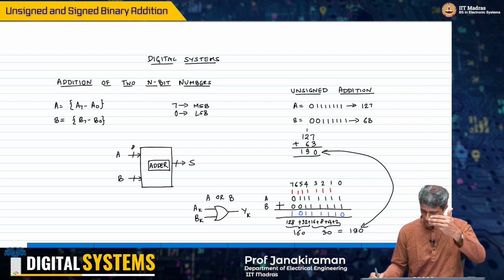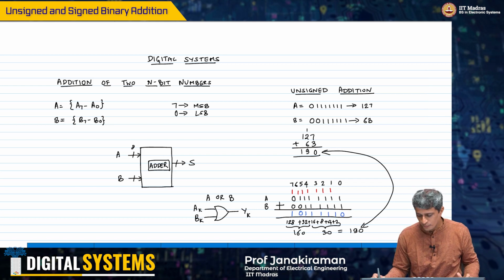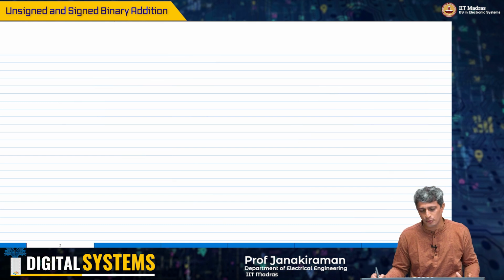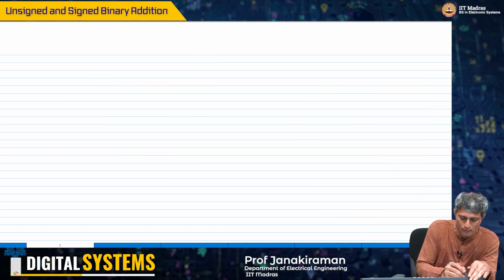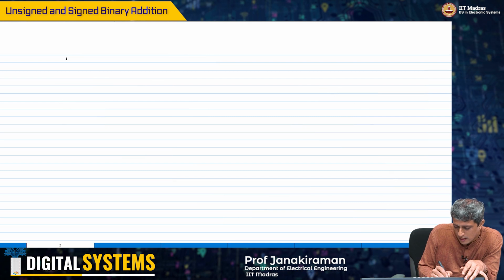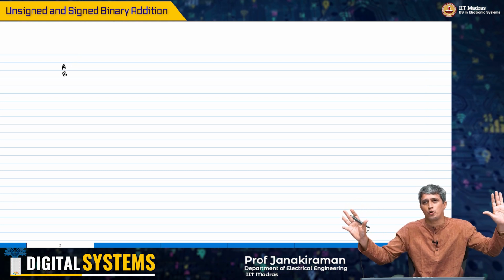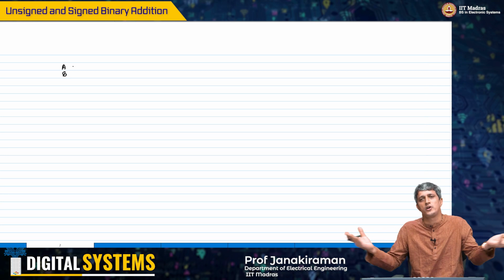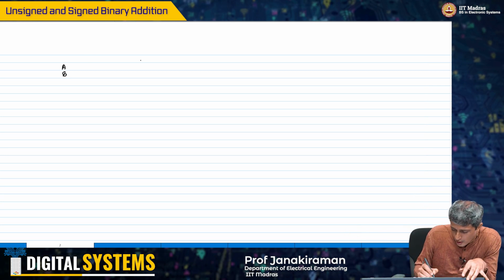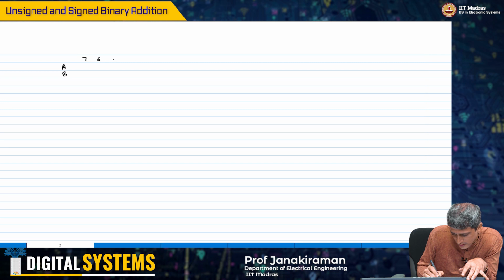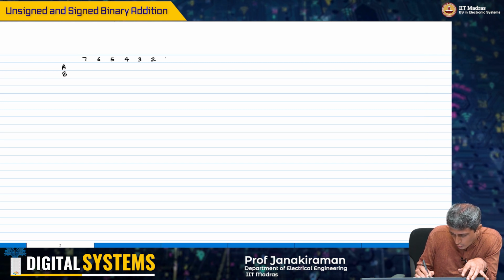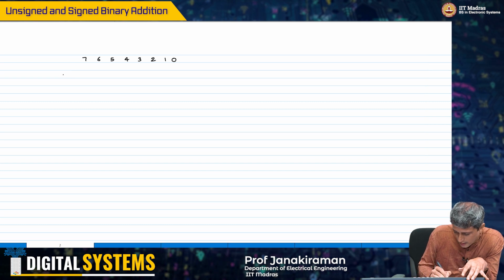Now let us push the limit of this and see if the answer is always representable as an 8-bit number. So let us look at the case: what is the maximum value of A and B? Because that is the largest addition that we need to do. If you can take care of this case, you can take care of any other case that you want. So this is again bit positions 7, 6, 5, 4, 3, 2, 1, 0. I will leave some space for the carry.